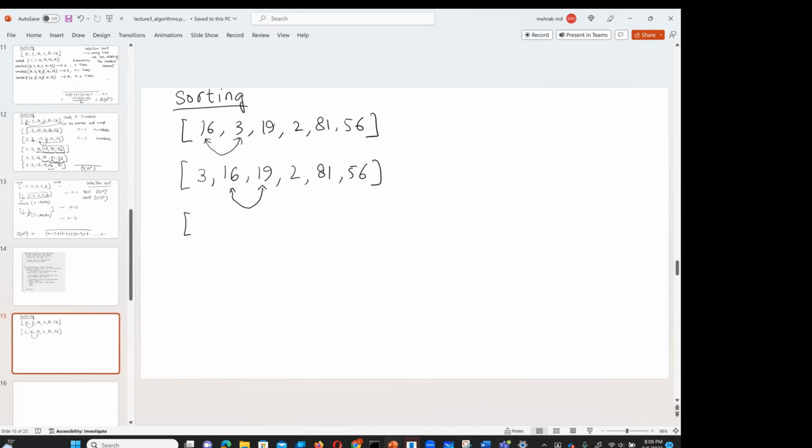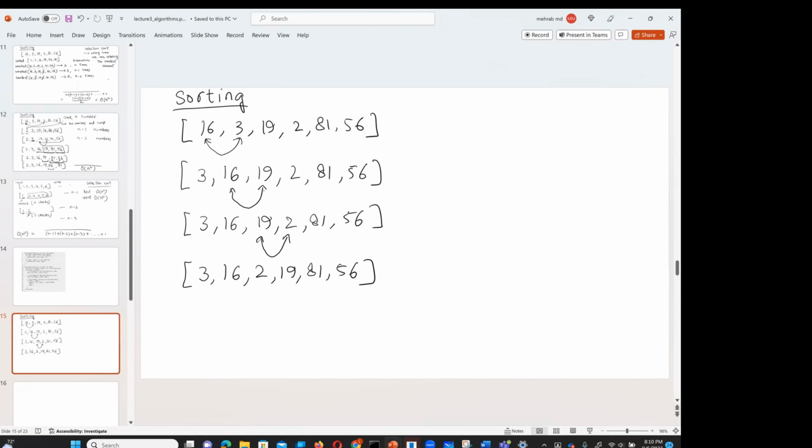So 16 will stay in its position, right? Yes. Okay. Next, I will check 19 with 2. So what will it look like? 3, 16, and then 2, 19, and 81, 56, right?